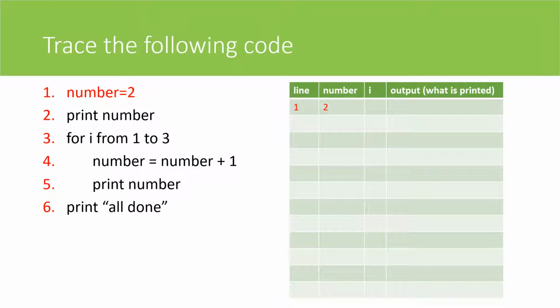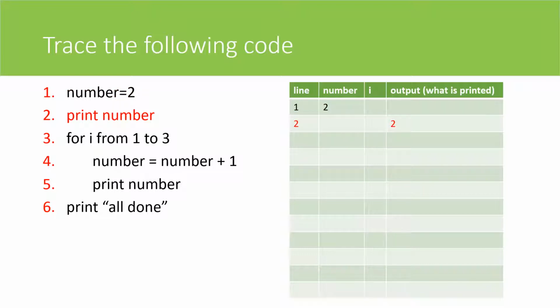So the first line here, line 1. These red numbers refer to the line number. So on line 1, the value of our variable number at this point is 2. The value of I, well, we haven't got that far yet, so we just leave that blank for the moment, and there's nothing output at the moment, so this is what's printed. So next one.